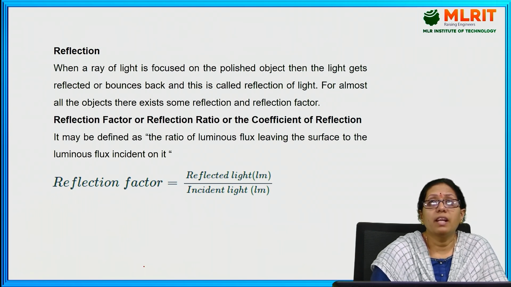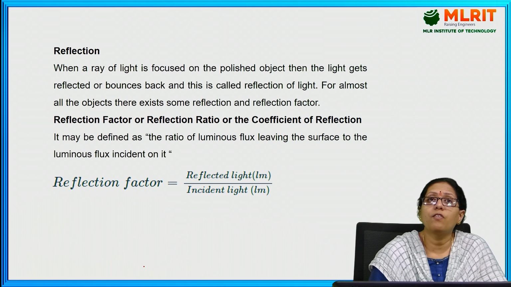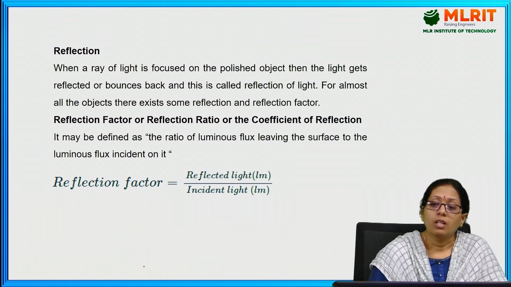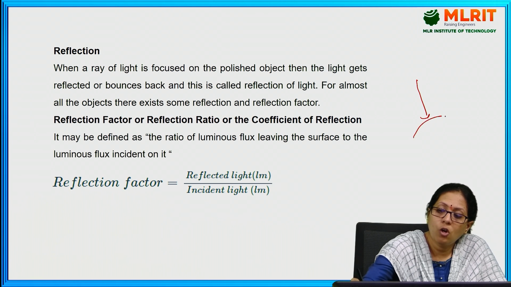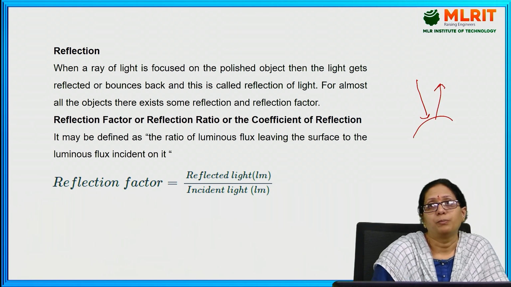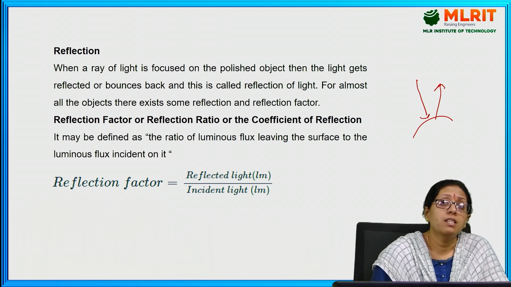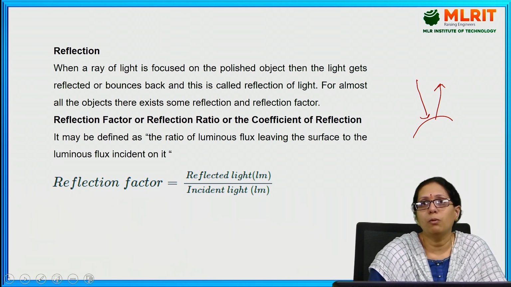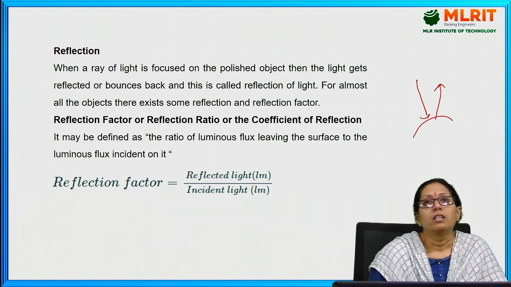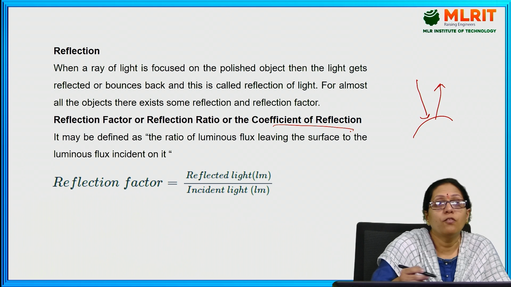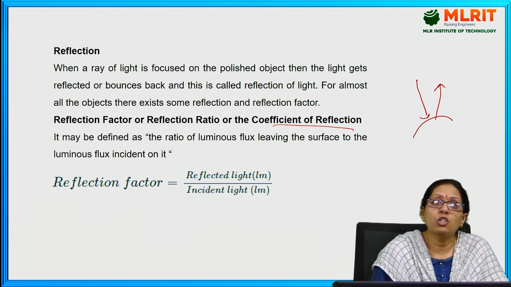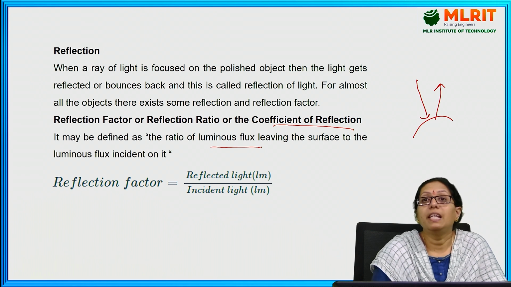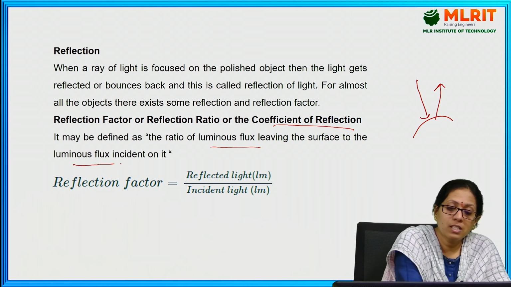Reflection. When a ray of light is focused on a polished object, the light gets reflected or bounces back. The light falls on an object and then reflects back. For almost all objects, there exists some kind of reflection factor. For some objects the reflection factor may be less, and for some it may be more. The reflection factor, or coefficient of reflection, is defined as the ratio of luminous flux leaving the surface to the luminous flux incident on it.